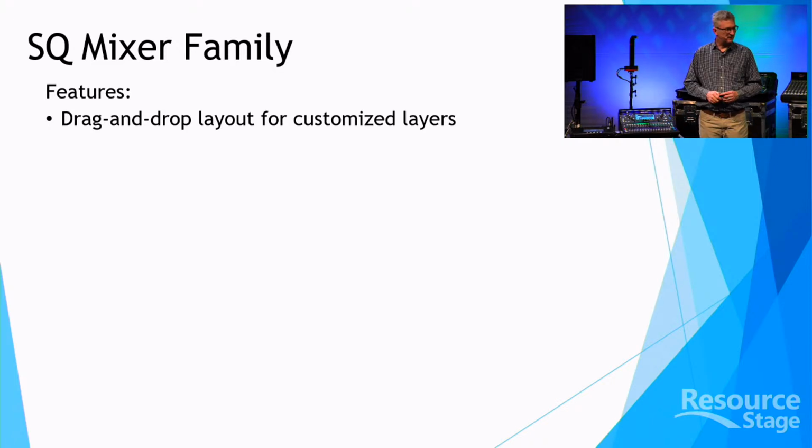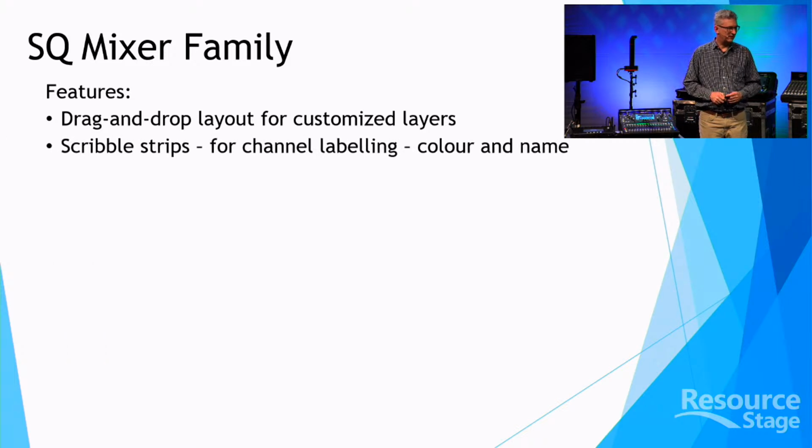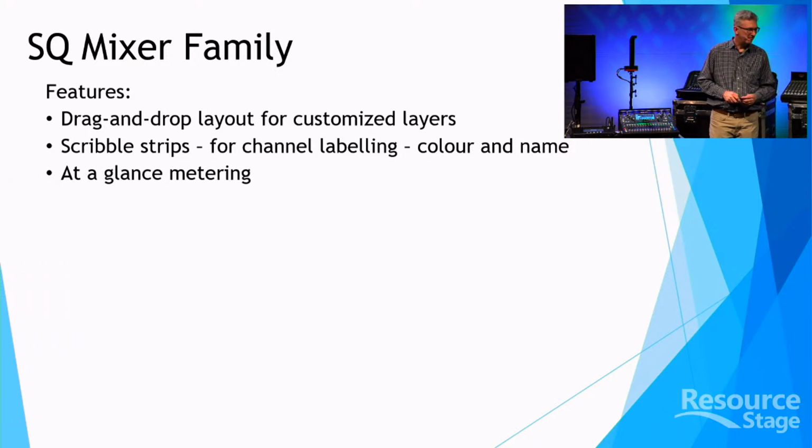Those customized layers have scribble strips, so this strip along here can be customized in color or label, and that can work out really well for laying things out, making it much simpler to operate.